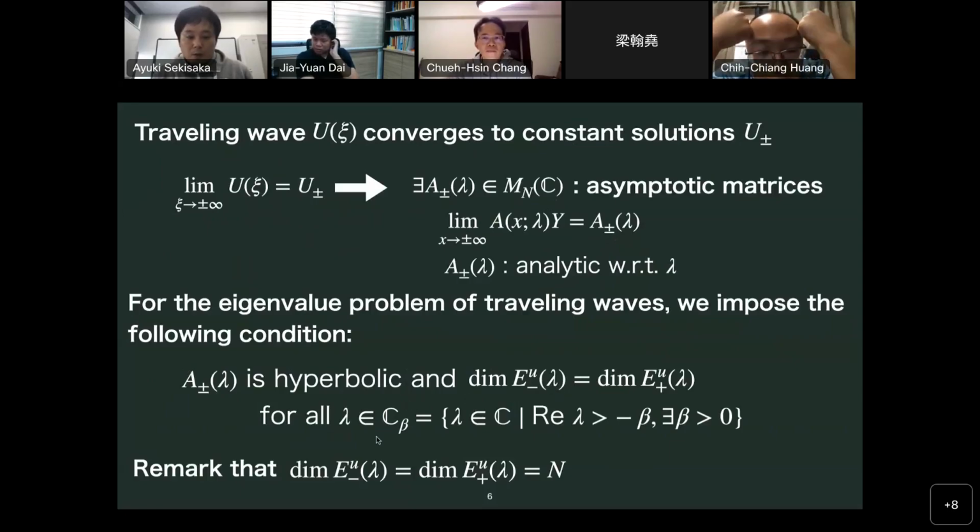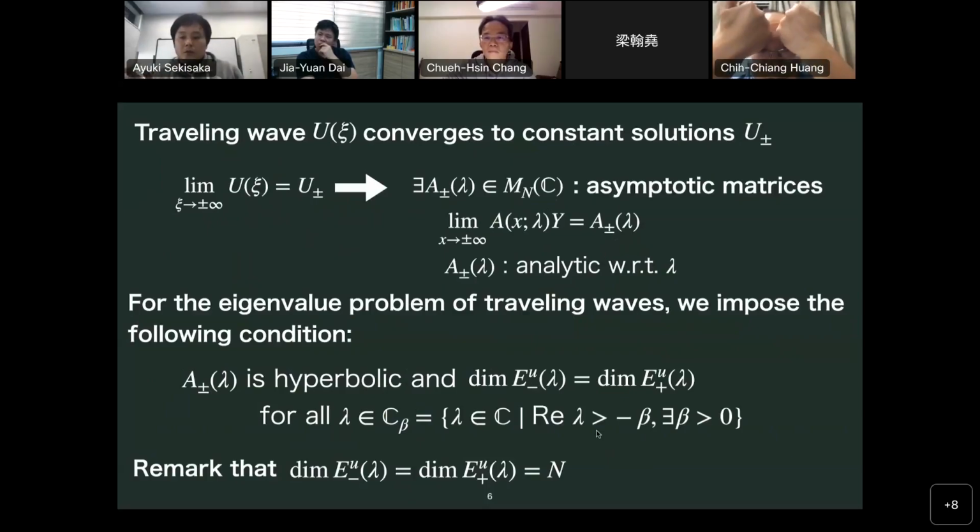So for all lambda in C beta, so this is, it is a mistake. Okay, so this is not a mistake. We consider the right half plane because we want to show the stability of traveling waves.